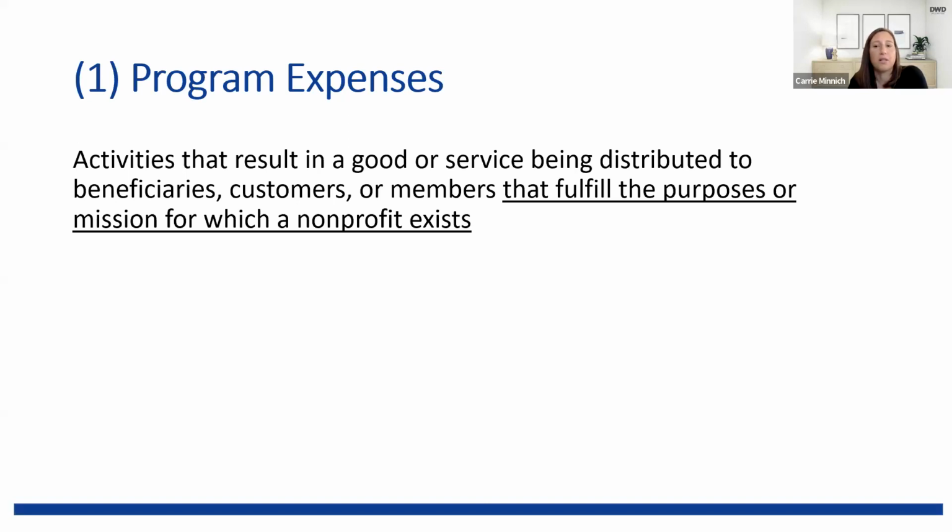You might have supplies, materials, or food that are also directly related to specific programs. Those are very easy expenses to understand that can go directly to the program you're providing. And you can have more than one program too. It doesn't necessarily need to be just one program.